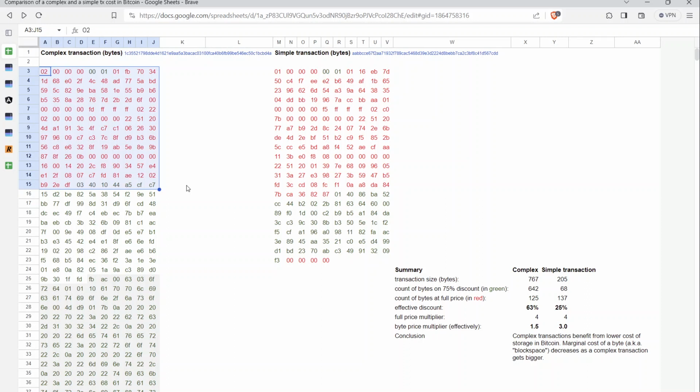The other difference is that if you push data using complex transactions, you have the right to extend the block size, effectively double the block size, which you can't do if you just push a simple transaction.